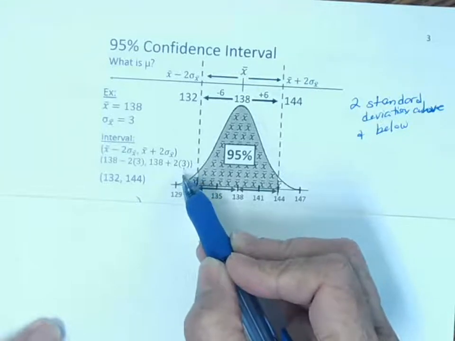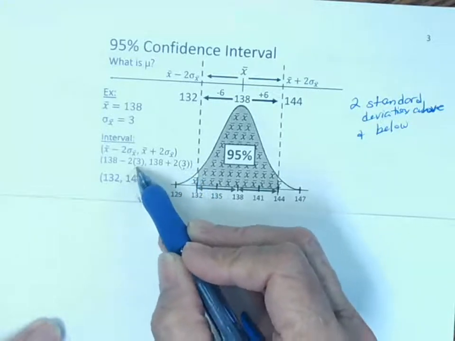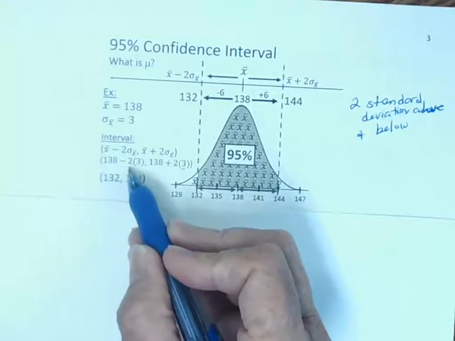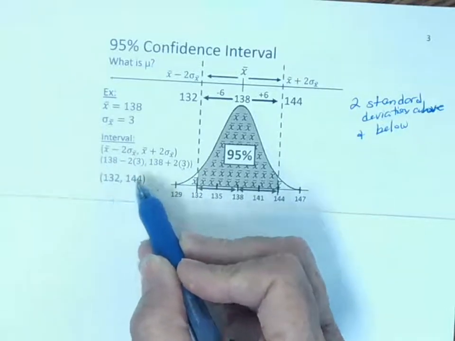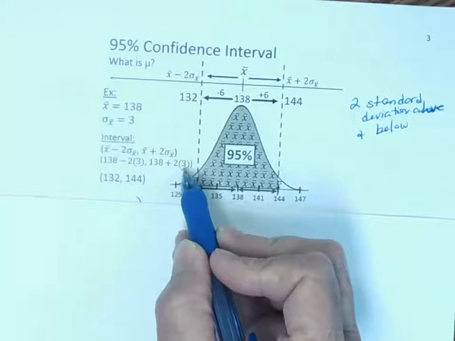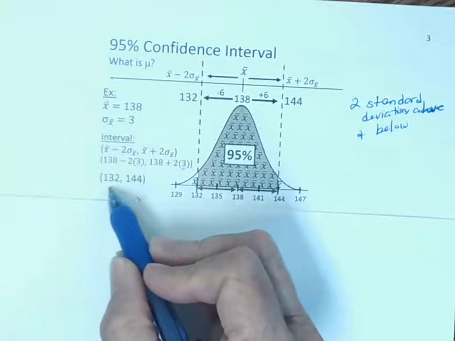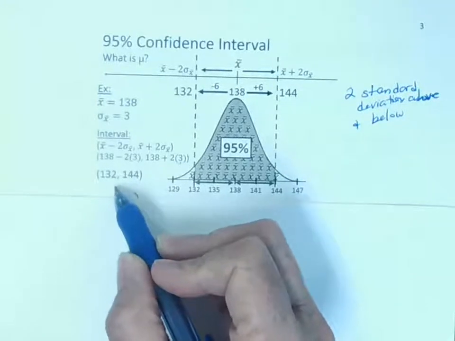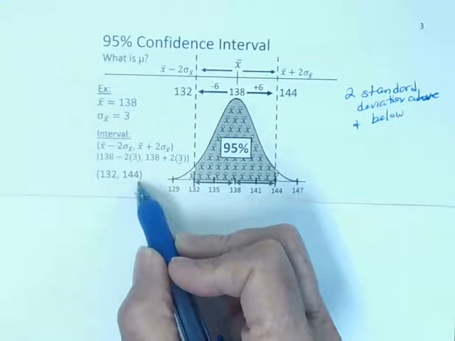The 3 is the width of a standard deviation, it's 3 units. So 138 minus 6 gives me 132, and 138 plus 2 standard deviations is 144. So this is my confidence interval right here, 132 to 144.